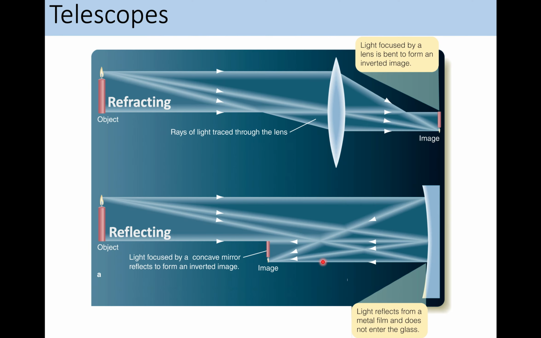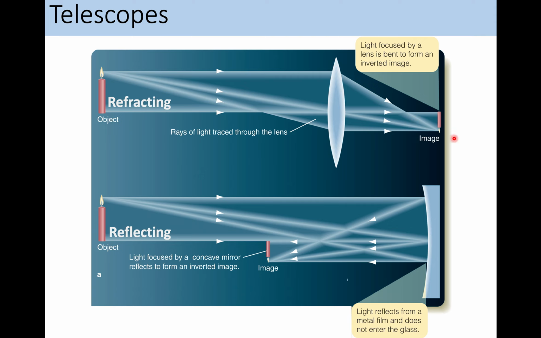So here I have a diagram that shows what I mean by refracting versus reflecting. So refracting, let's say you're trying to view this object, this candle. If you are using the refracting technique, you're going to have a lens here, and the lens is going to bend the light that's coming in into a smaller version of the image, but it will be upside down.